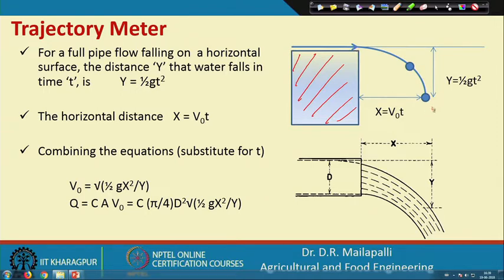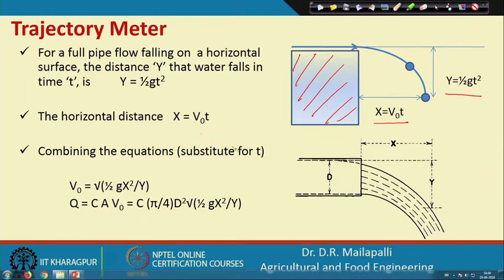The vertical distance is estimated by y is equal to half g t square, and the horizontal distance is estimated by x is equal to v naught into t. From both equations, the t will be substituted.